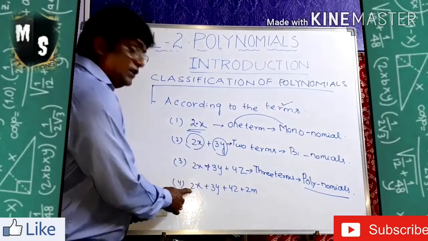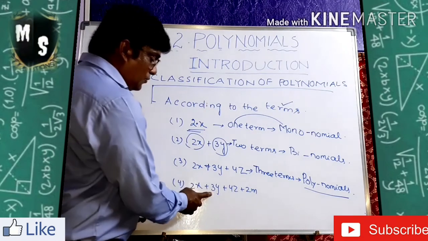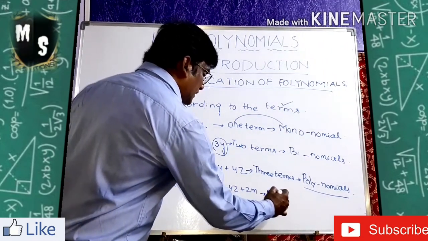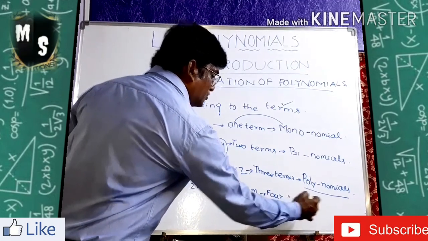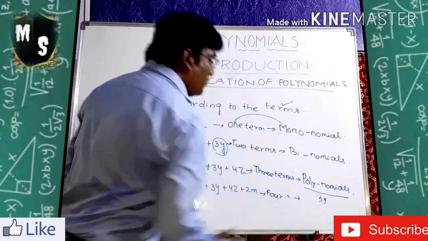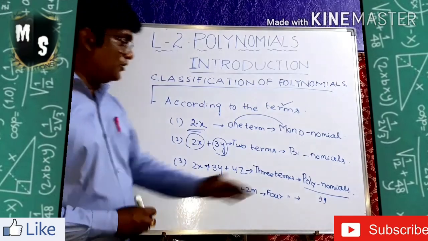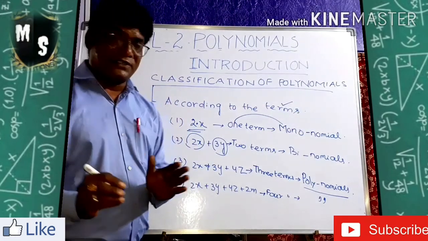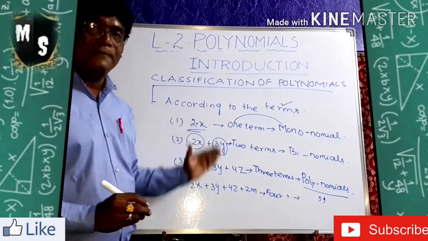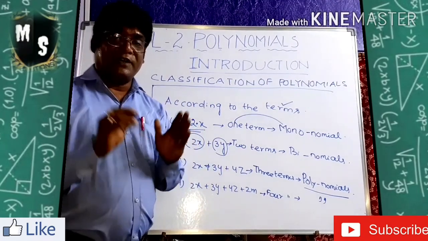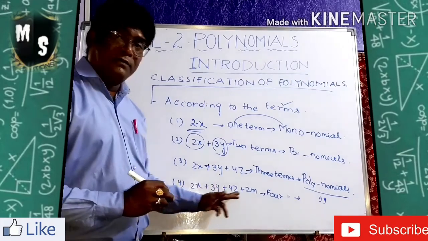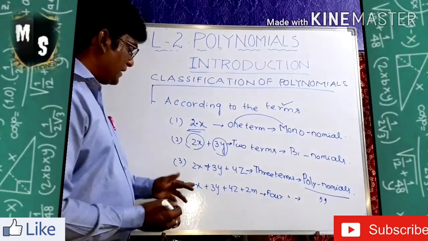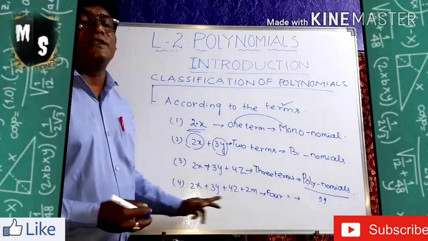Now here you see in the fourth expression 1, 2, 3, 4 terms. So definitely 4 terms. They are also under the category of polynomials. Now what is polynomial? It is very clear. Polynomials are the algebraic expressions which are separated with the algebraic symbols plus or minus, and they are carrying the variables and the constants in it.